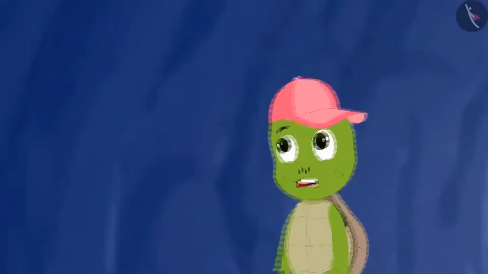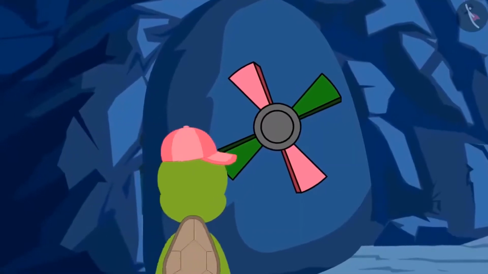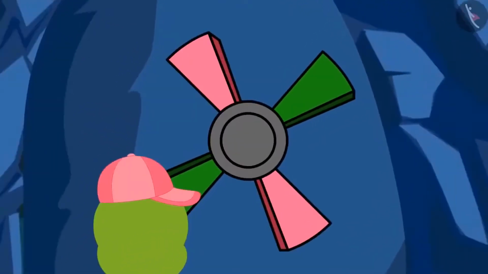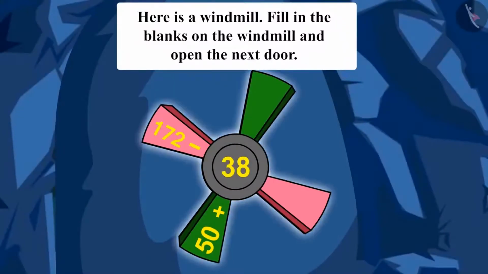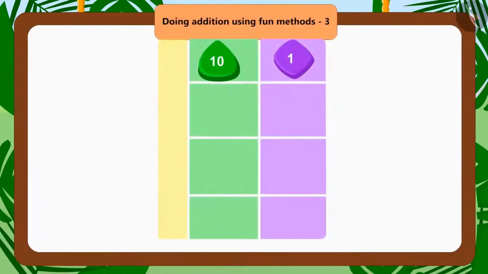Now, Tufan entered the cave and saw another door. Tufan found this puzzle at the second door. Here is a windmill. Fill in the blanks on the windmill and open the next door. Let us find the answer to this puzzle with Tufan.